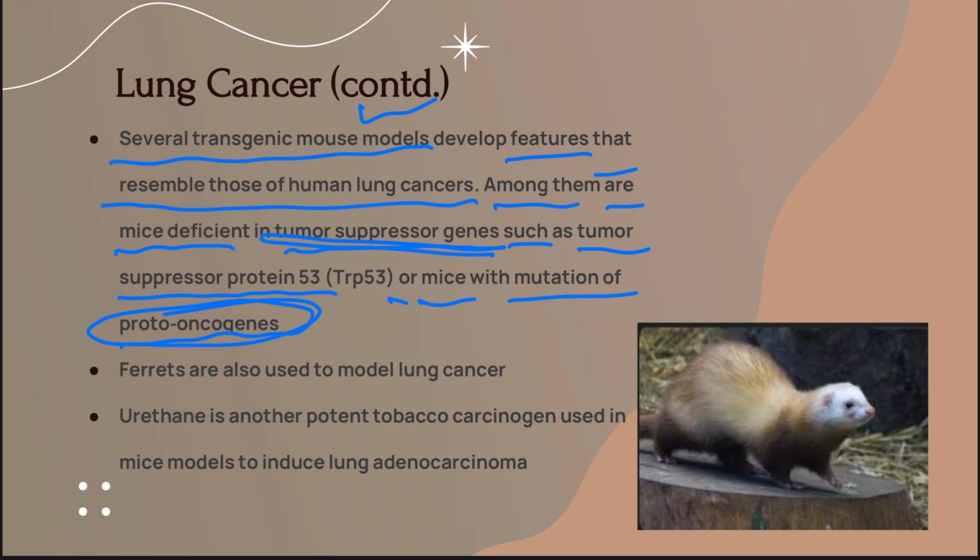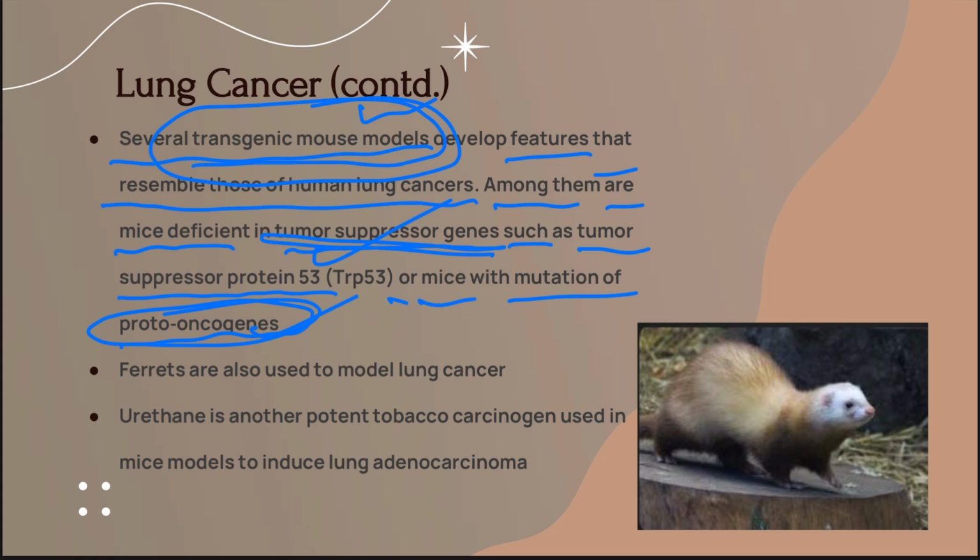So mutation in the proto-oncogenes, or any deficiency of the tumor suppressor genes, can lead to the development of lung cancer, and that is basically what we are inducing. Basically we are going to create a mutation in the proto-oncogene, or we are going to remove the tumor suppressor gene. As a result, we create these transgenic mouse models, that is not the normal ones but the ones which we are creating.